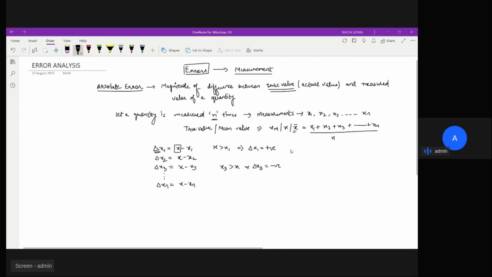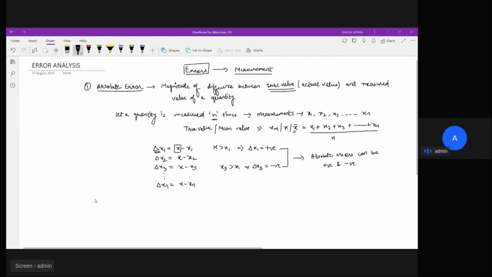So the absolute errors can be positive as well as negative. So from here we can write absolute errors can be positive as well as negative. Okay, so this is the first type of error, absolute errors.